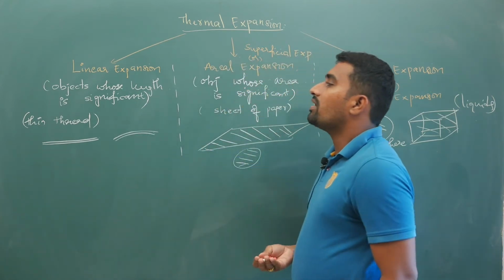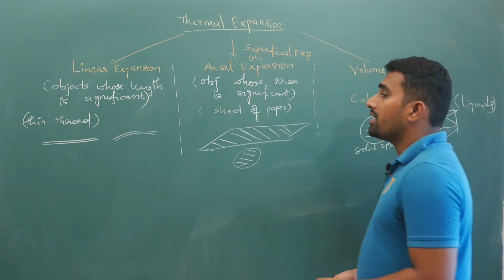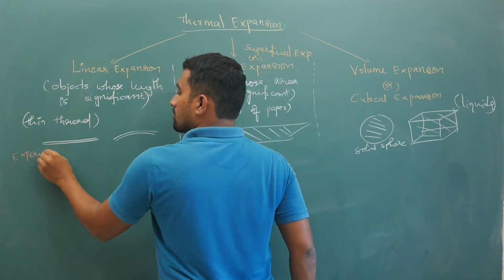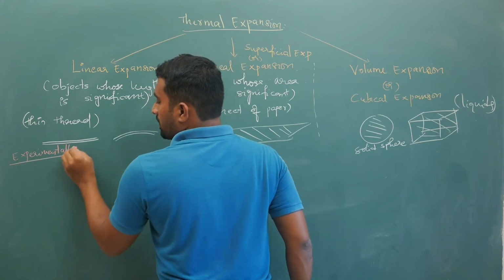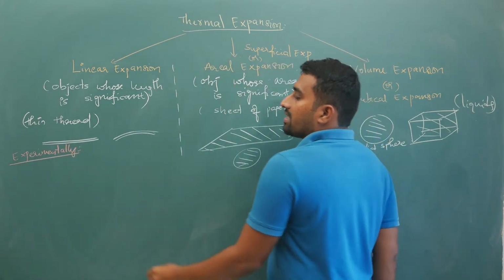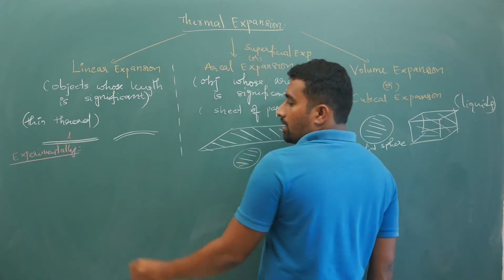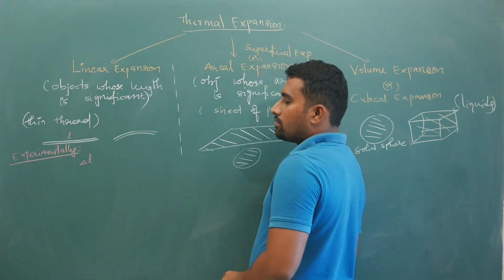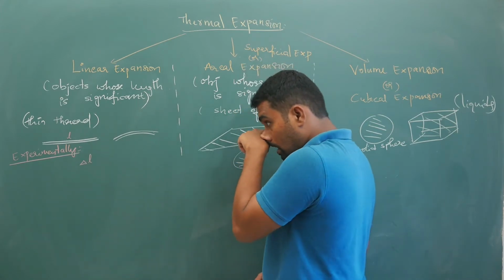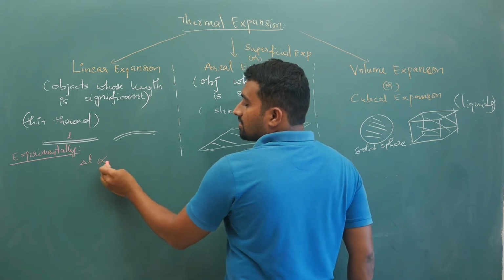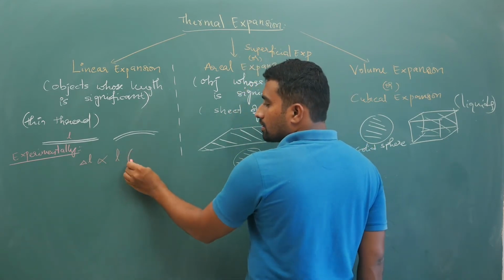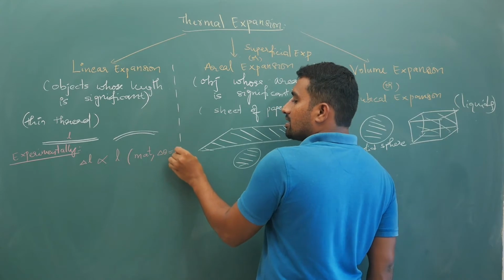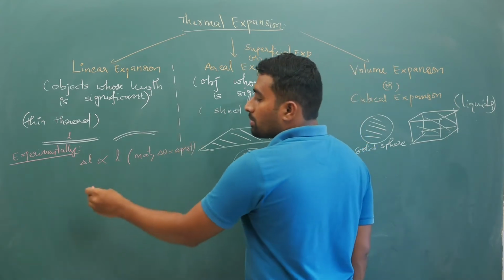Now for this linear expansion, experimentally, I am saying clearly, experimentally it was found that if you have taken some object of length L like this, then your change in length upon heating, if you are heating it is expansion, if you are cooling it is contraction, change in length is directly proportional to length L, when material and temperature difference delta theta are kept constant.